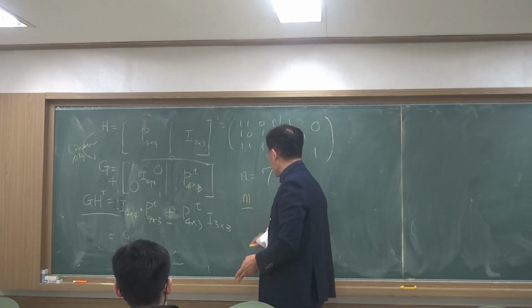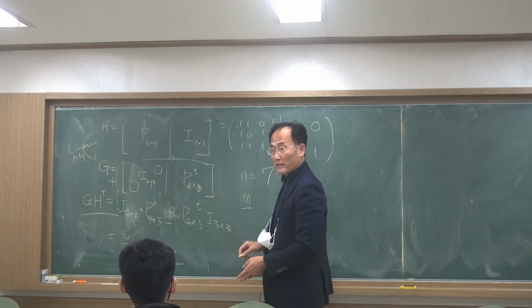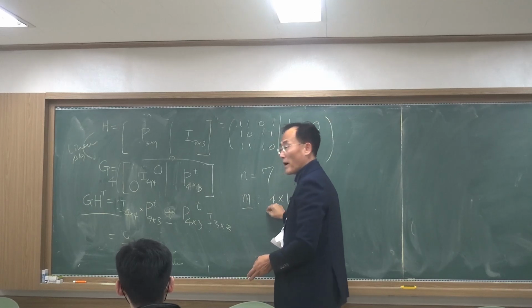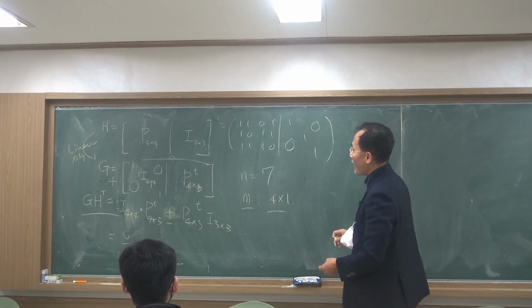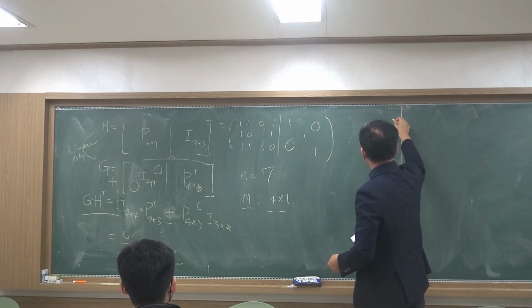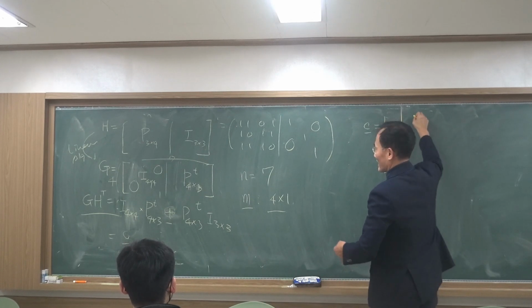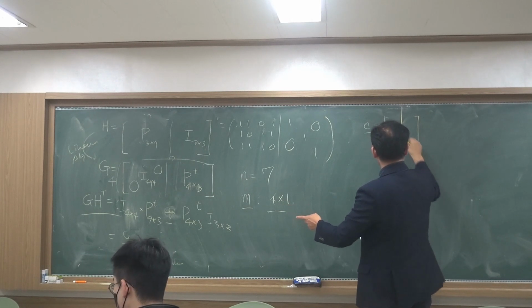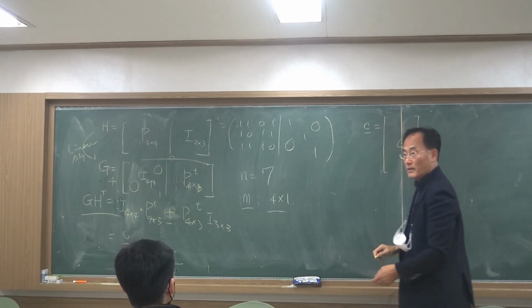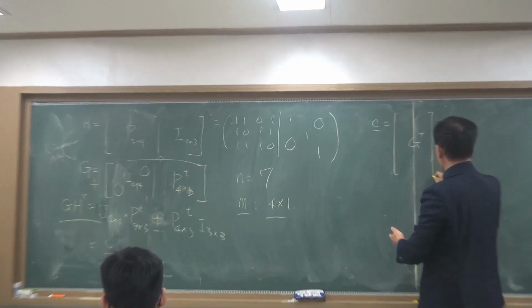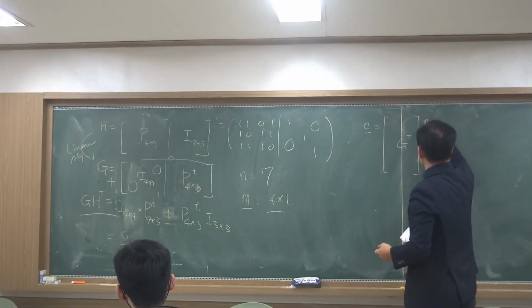Basically, if you call m the message vector, this is a 4x1 vector, right? So how do you come up with a code word? Code word C is G transpose, which is a straight up matrix, multiplied by M.